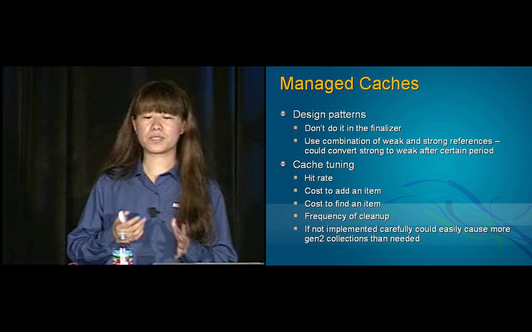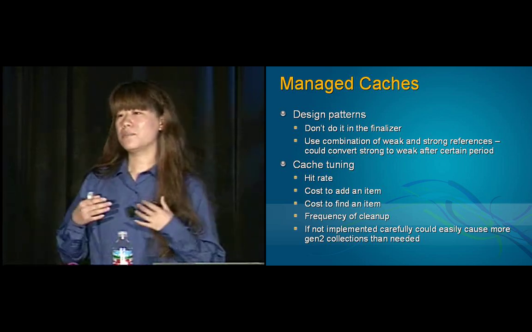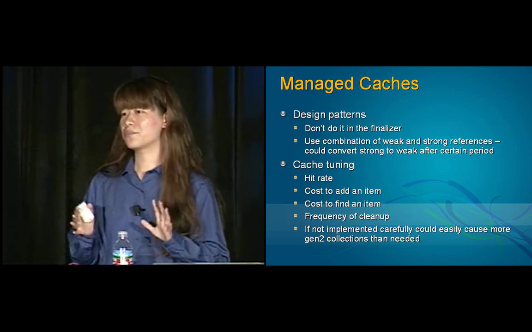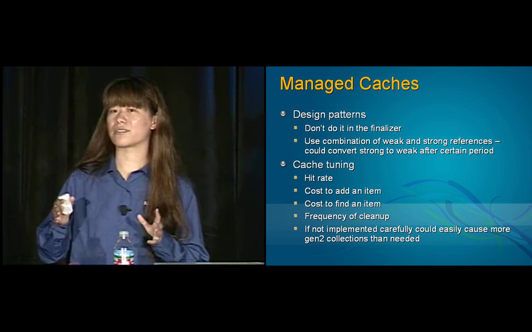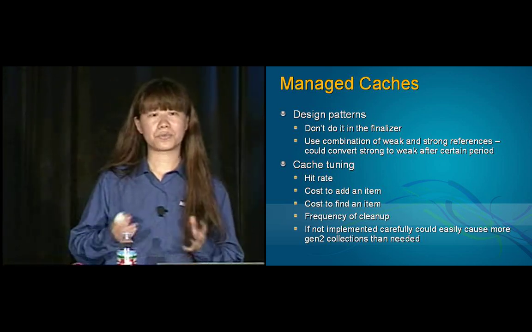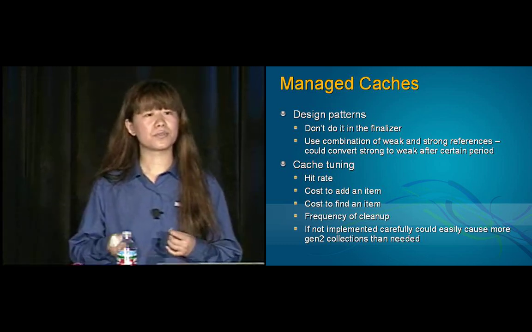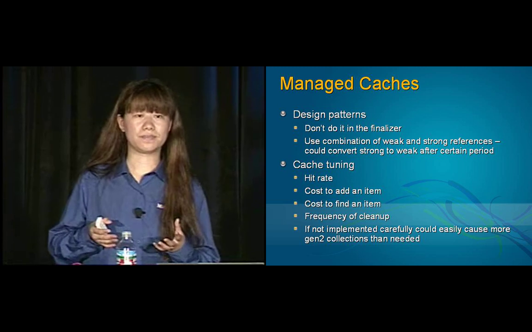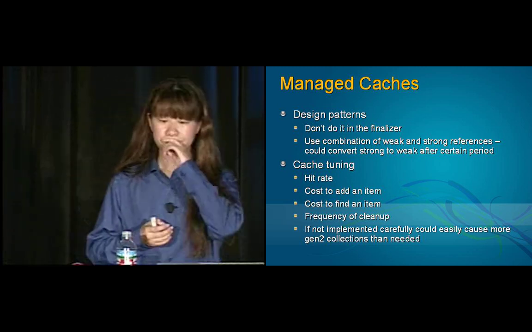Something that's specific to managed caches is that you could be triggering a lot more Gen 2 GCs. If your managed cache holds objects that are mostly in Gen 2, whenever you do cleanup and need to lose some objects in the cache, you could be triggering Gen 2 GCs quite often, and that's probably not a good thing most of the time.